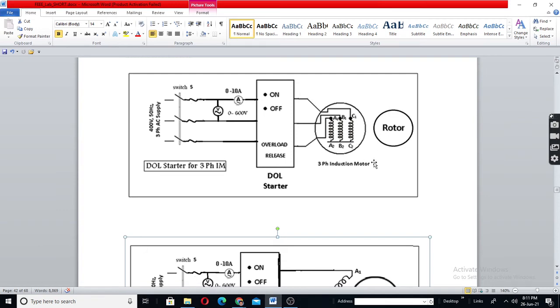Means the stator will get supply. When the stator gets supply, stator current will flow in phases A, B, C, which will cause a stator magnetic field, which is a rotating magnetic field.